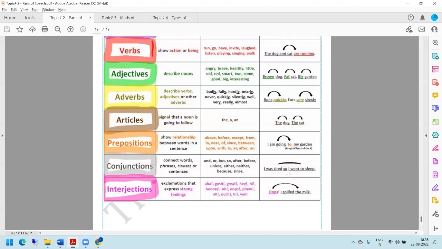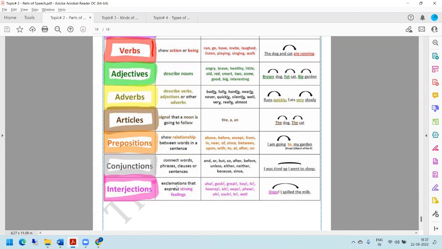Here, so is the conjunction because it is connecting two separate sentences and making one. I was tired, full stop. I went to sleep. These two we can combine by using the conjunction, I was tired, so I went to sleep.